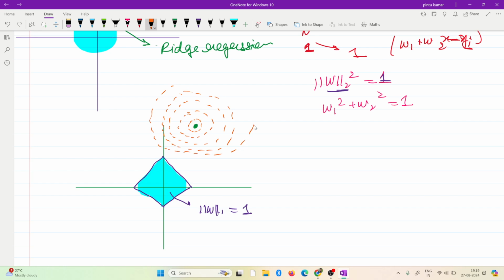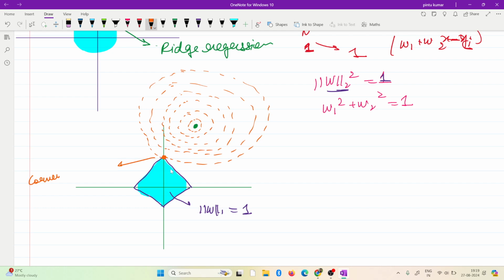I'm increasing the size of my concentric circle. These are not perfect circles because of my drawing, but these would be like that. You can see the point that I have hit, this point is on the corner. So in case of lasso regression, the point that I hit is on the corner.